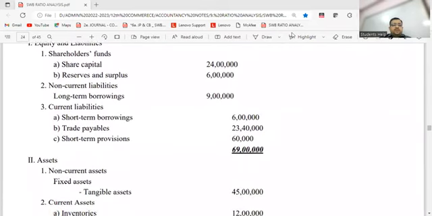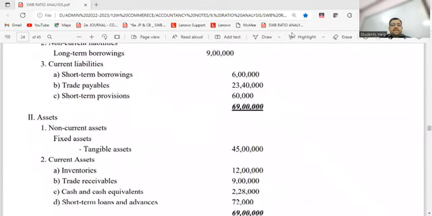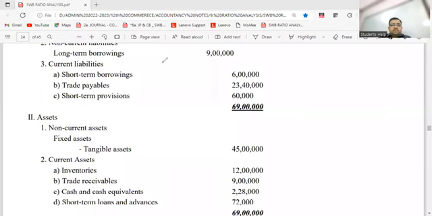Question number 43, children. Long-term liabilities are given as 9 lakhs and assets is 69. Will it be done? Quickly. So when we say total asset to debt ratio, what's the formula, children? Total asset upon debts. And in debt to total asset ratio, what would be the formula?